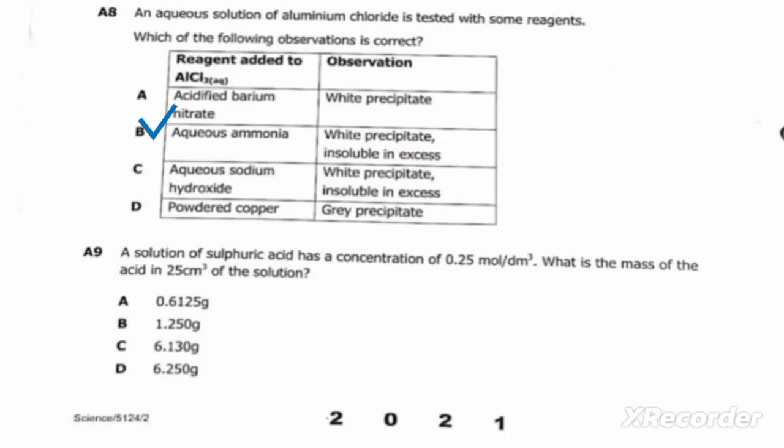We shift to the next question, which is question A9. The question reads, a solution of sulfuric acid has a concentration of 0.25 mole per cubic decimeter.